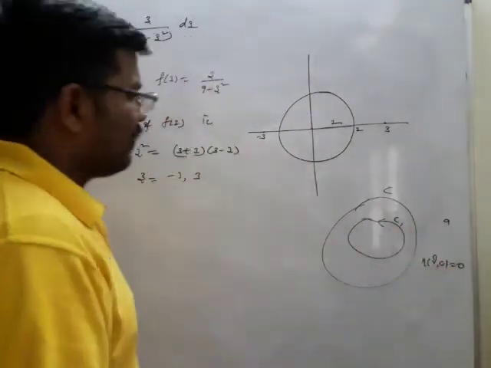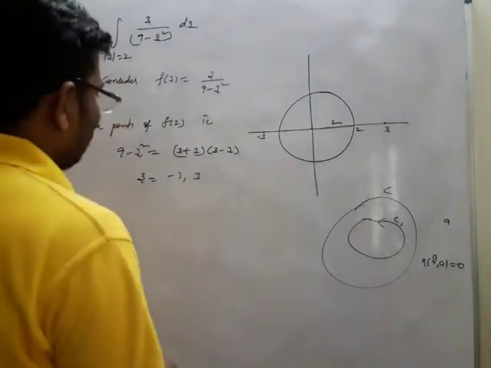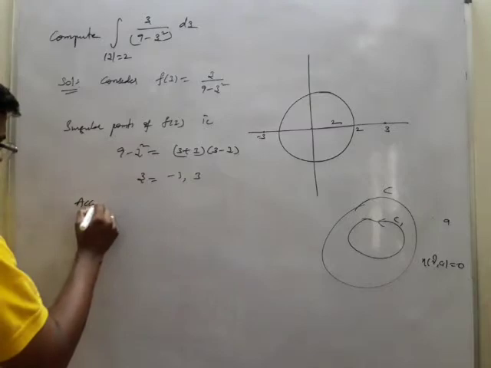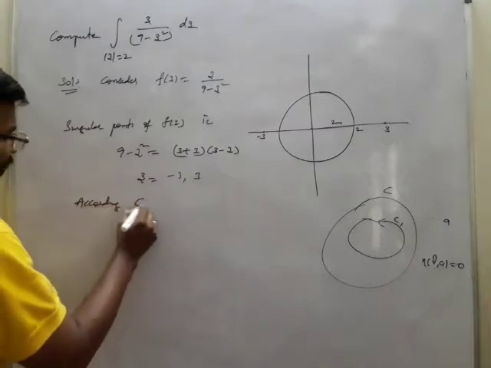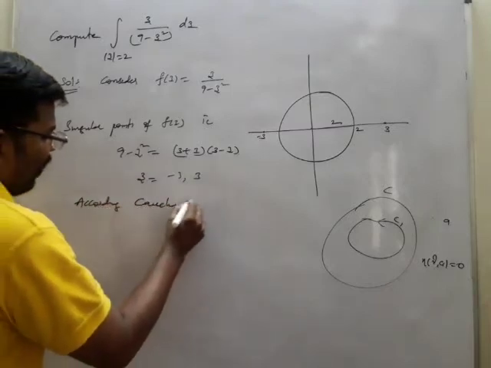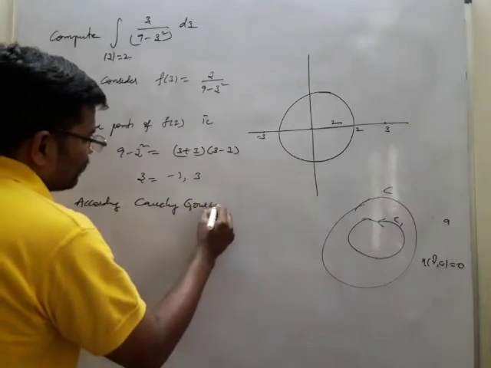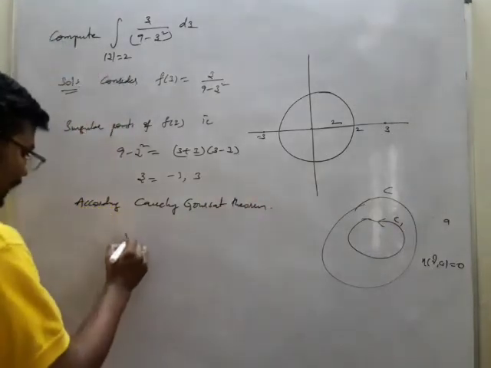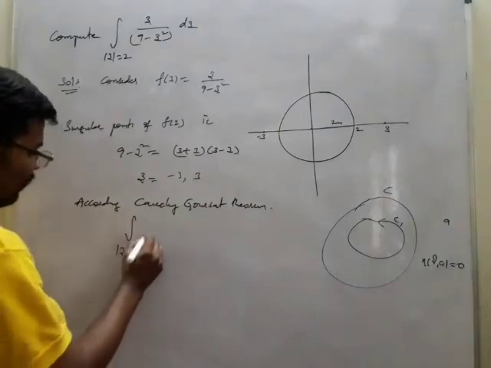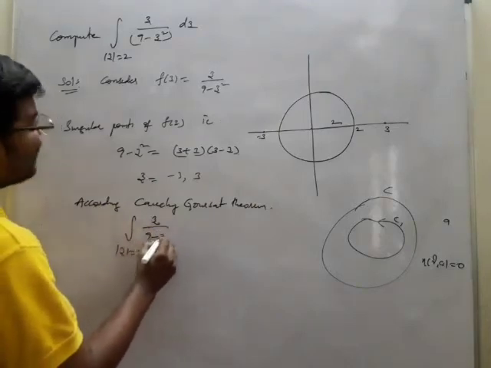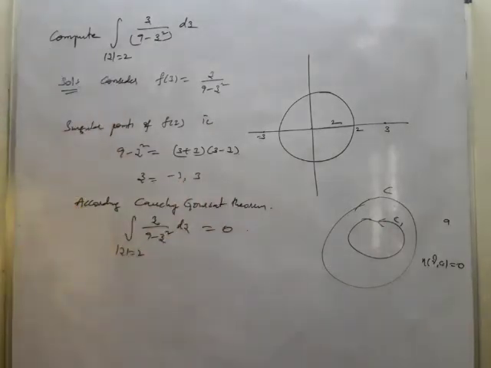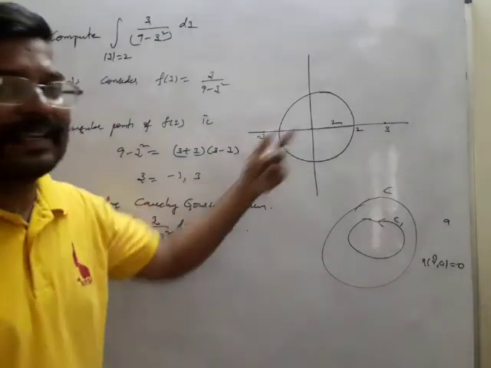In the same manner, according to the Cauchy-Goursat theorem, the integral over mod z equal to 2 of z by 9 minus z square dz is equal to 0, because none of the points lies inside.